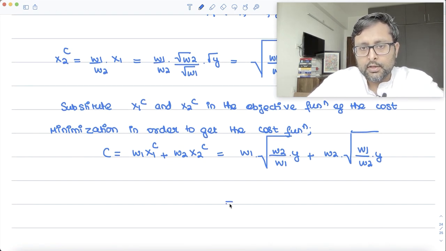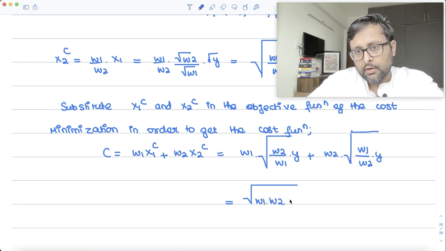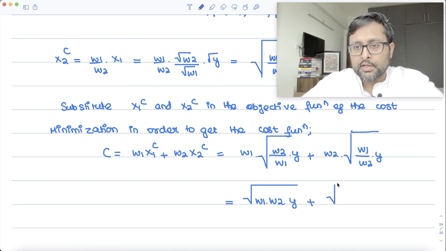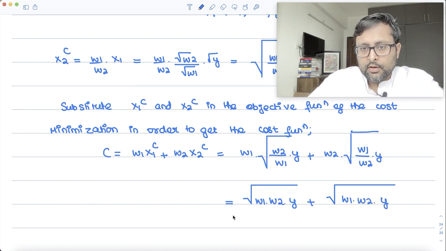So beta, this will come out to be root of W1 W2 y plus root of W1 W2 y.